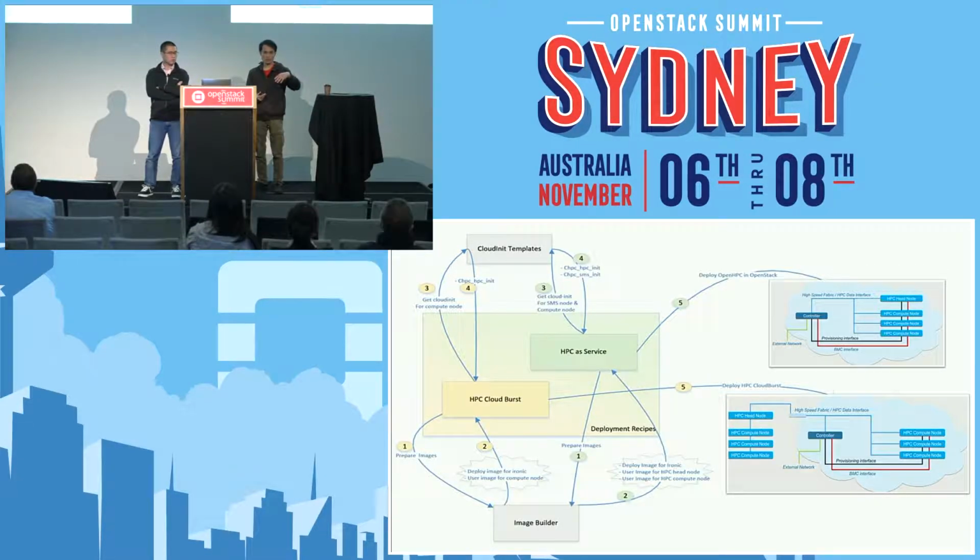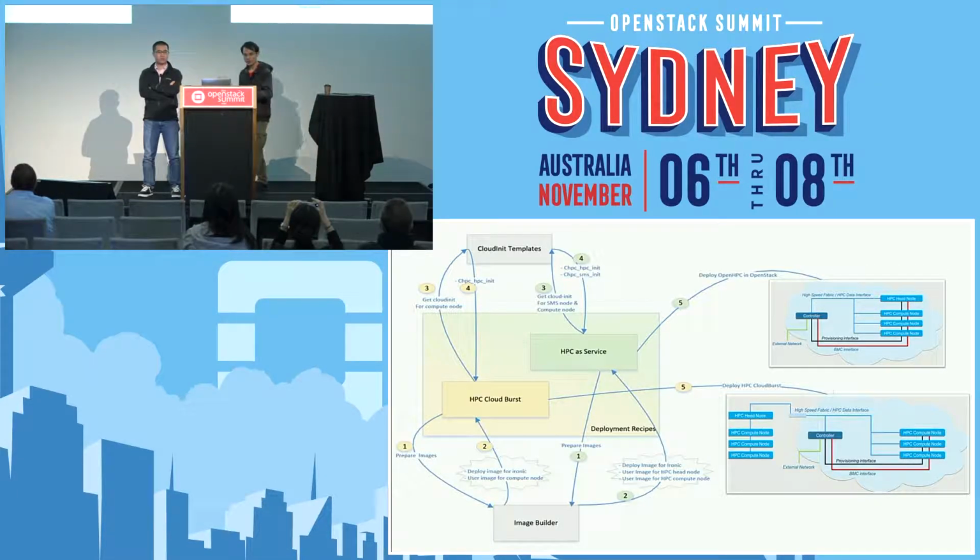The second phase is about using the OpenStack Ironic cloud to provision the bare metal machines that are required for the HPC environment. And the third phase is installing all the OpenHPC packages and libraries on those bare metal machines that have been provisioned. So generally, there are 3 phases.